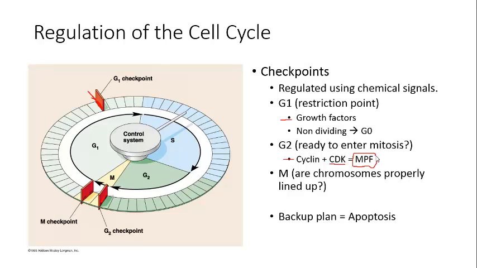If at any point in the cell cycle, during the G1 checkpoint, the G2 checkpoint, or the M checkpoint, the cell detects that things have gone wrong, if the cell has not properly replicated its DNA, if the chromosomes are not properly lined up, then apoptosis, programmed cell death, can be initiated. Apoptosis is an effective backup plan to make sure that cells that are wrong do not propagate themselves, do not have the ability to divide.